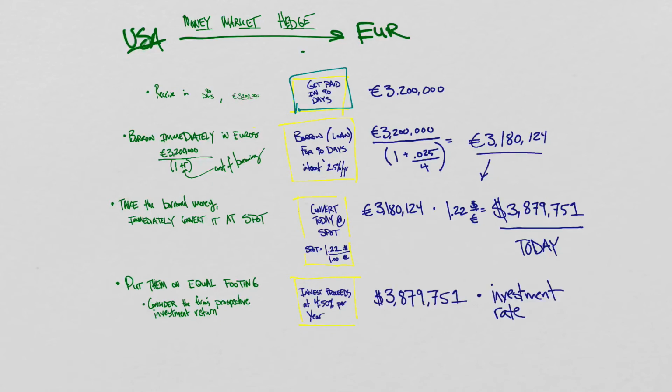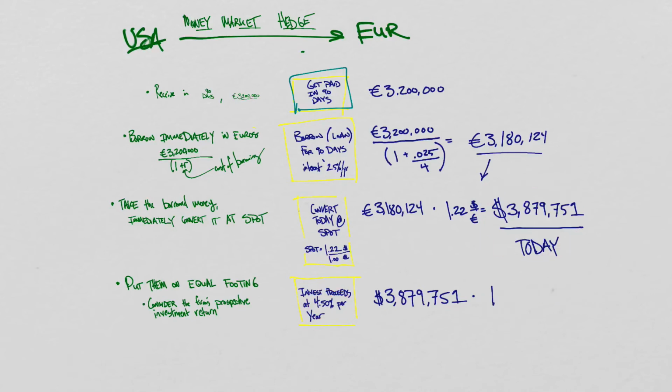The only thing we need to consider is that this is a 90-day benefit. We're receiving this 90 days earlier than we would with another hedging instrument. And so if we have an annual investment number, we have to descale that down to a 90-day interest rate.